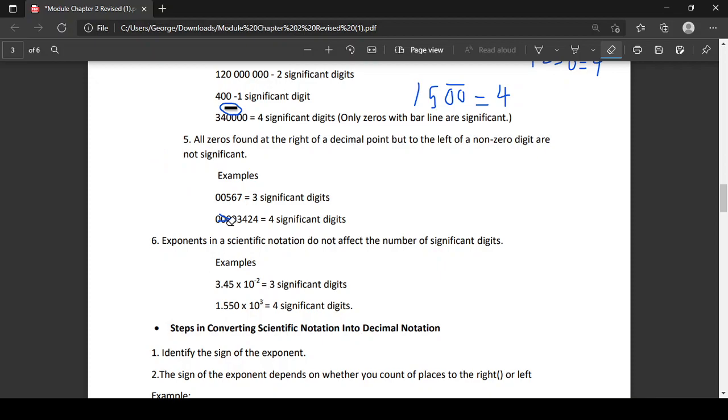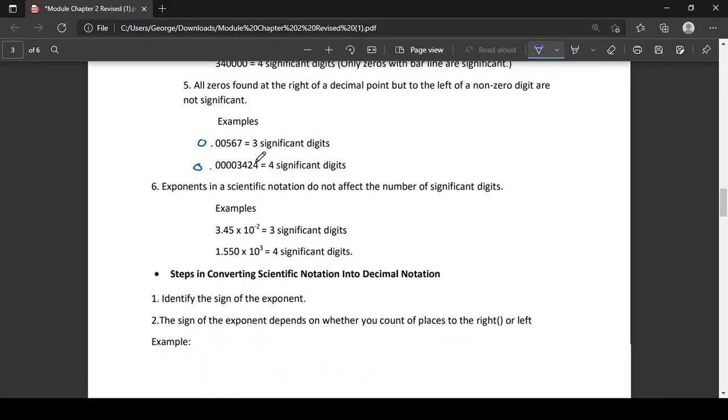All zeros found at the right of a decimal point but to the left of a non-zero digit are not significant. Because why? Kids, 0 siya. It is less than 1. Diba? Yes, sir. Okay na sa rule number 5?